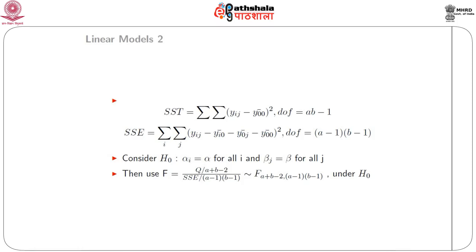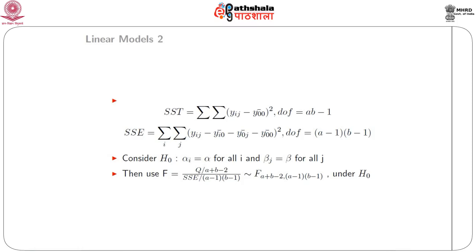O stands for off, sometimes it is omitted. So, we say df equal to AB minus 1. SSE equal to summation i summation j of a very big expression, and as we have already mentioned in one of our earlier modules, we always continue to give a wrong expression in the hope that you will learn to write down the correct expression.